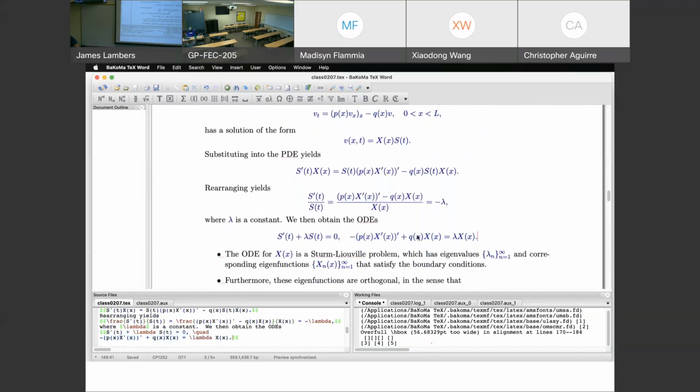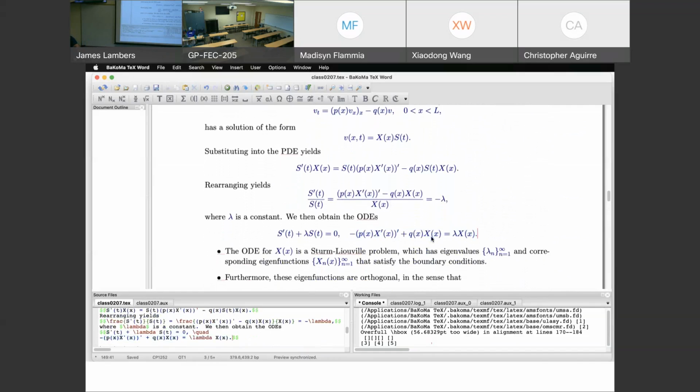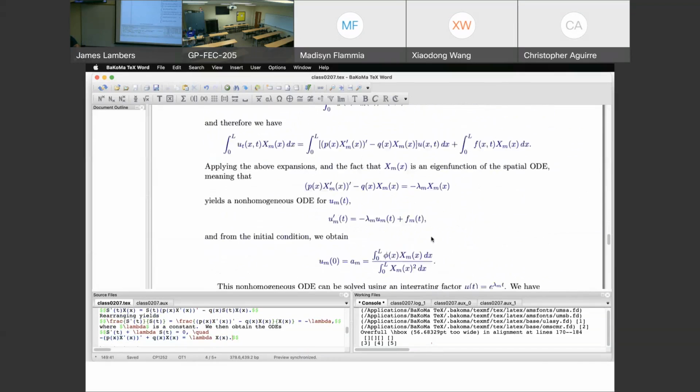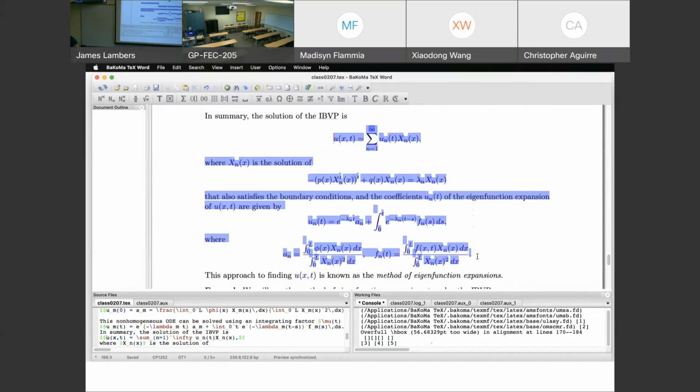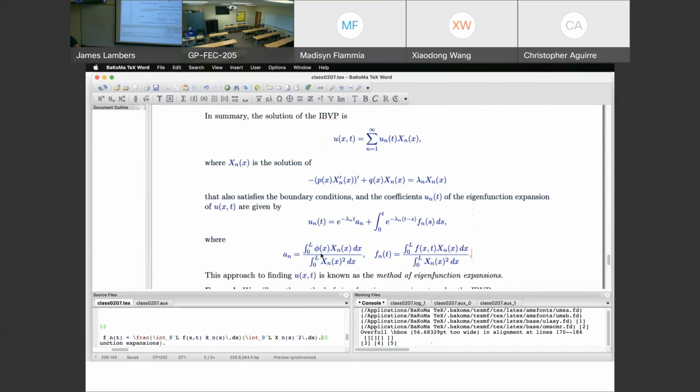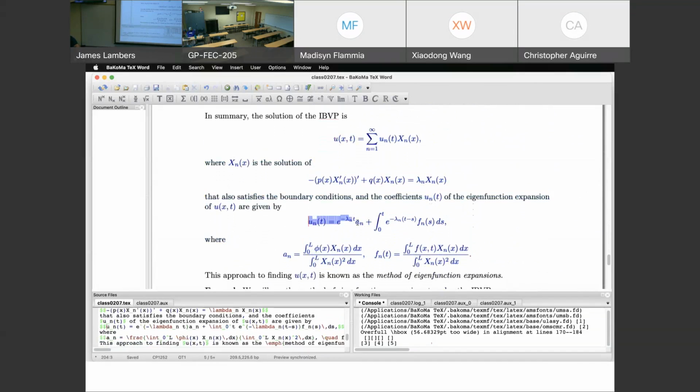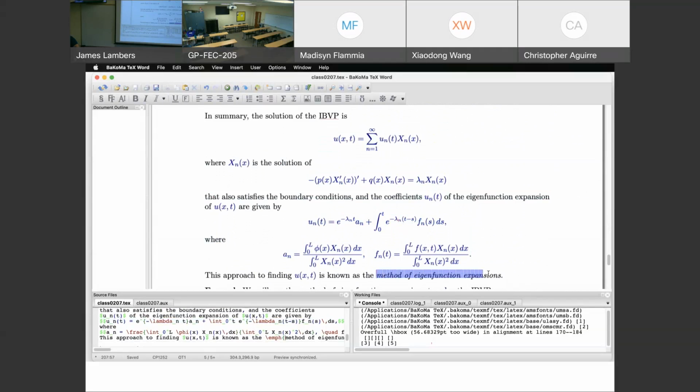So once you have that, all the solutions of this described, then you can jump directly to here, get your coefficients of your initial data and your source term. From there, get the coefficients of your solution in this Eigenfunction expansion, and you're done. And that's what the whole approach is called. It's the method of Eigenfunction expansions.